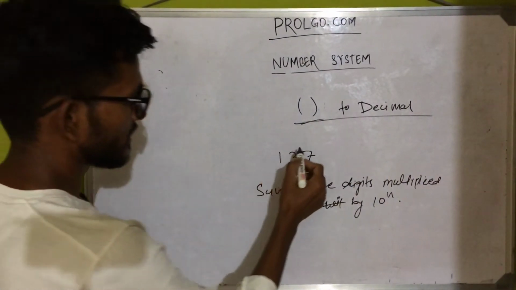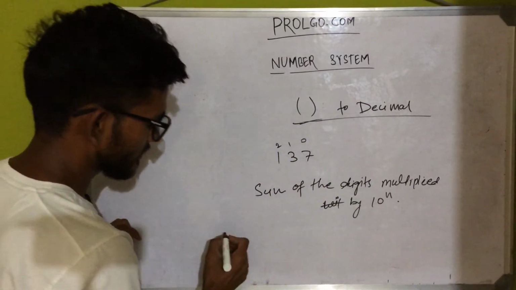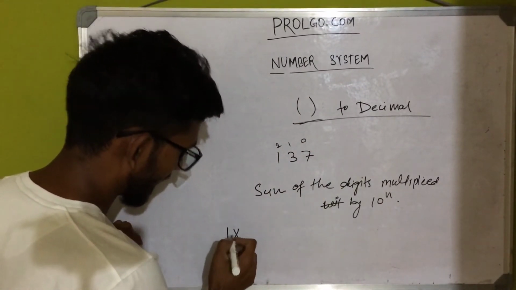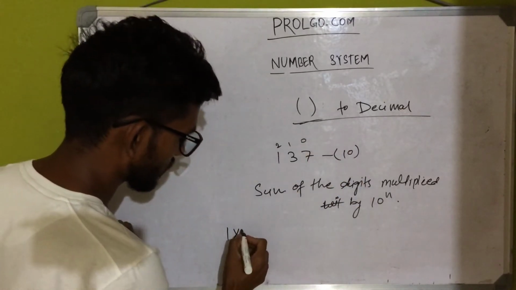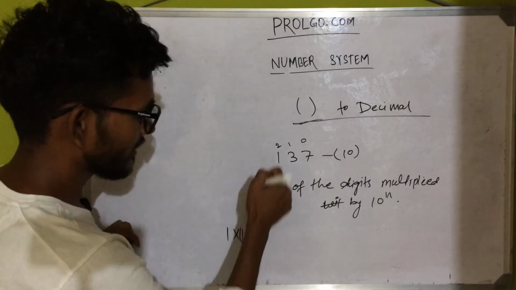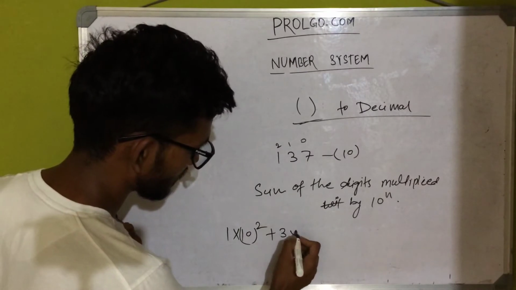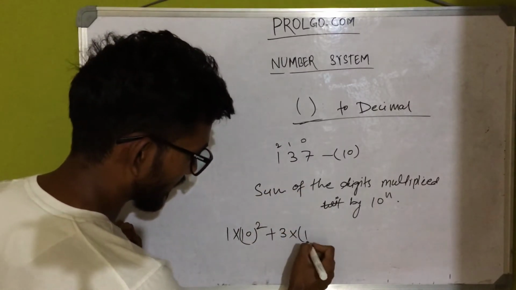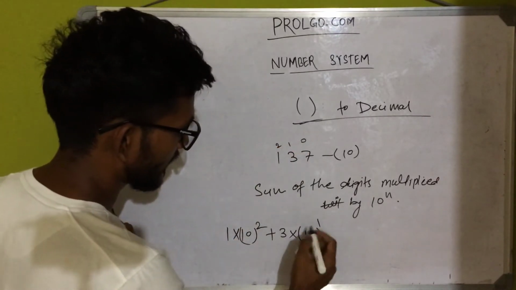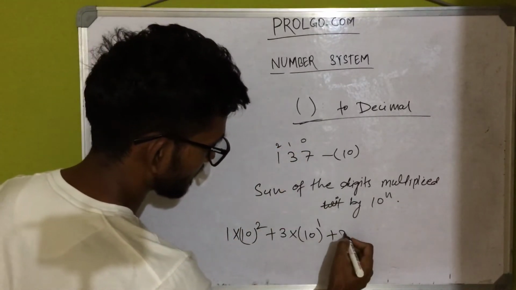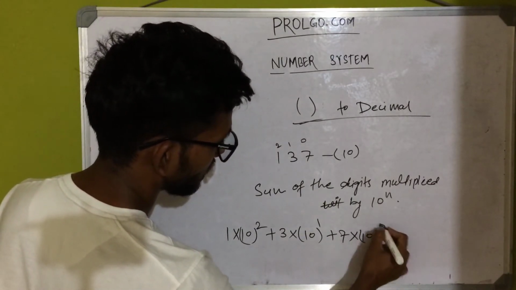So just say 0, 1, 2. Now I will write this number digit by digit with the base. In decimal, the base is 10. So 1 times 10 squared, plus the next digit 3 times 10 to the power 1, plus 7 times 10 to the power 0.